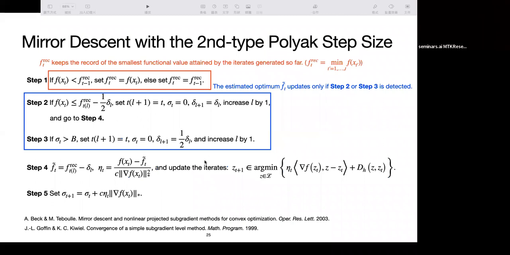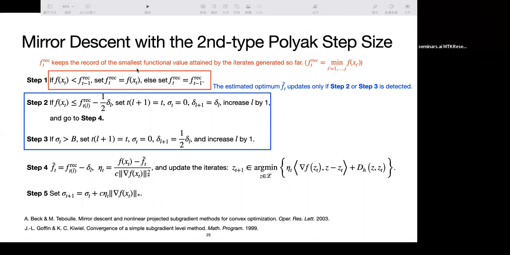And the second type of Polyak step size is another approach to evaluate the estimated optimum. In step 1, f_t record keeps the record of the smallest function value attained by the iterates generated so far.